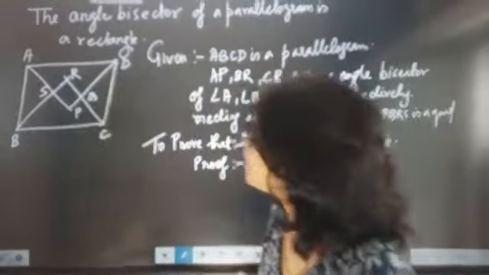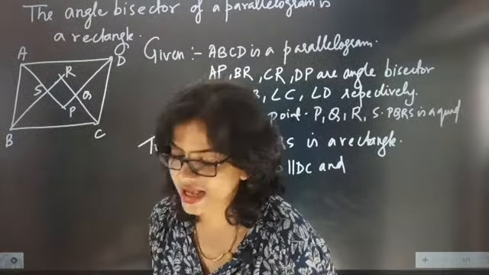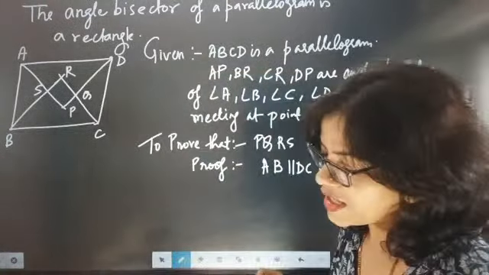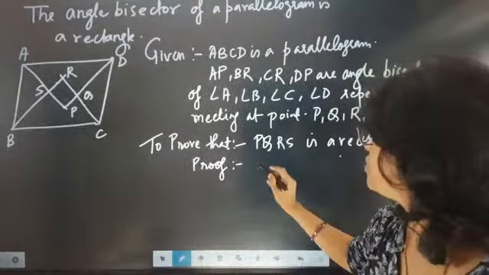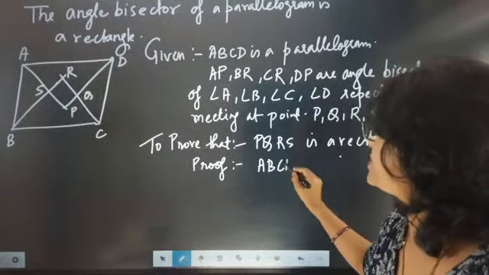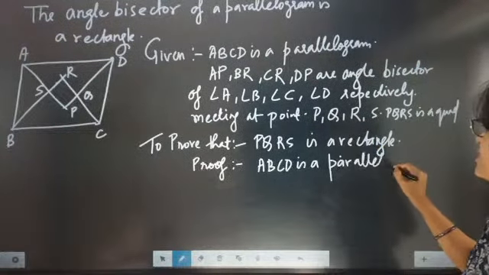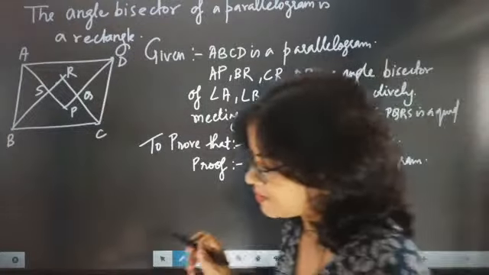So what is exactly happening here? AD is parallel to BC. ABCD is a parallelogram, right? We will start with ABCD is a parallelogram. I thought I'd go short here, but I'm just going to start with the basic points.